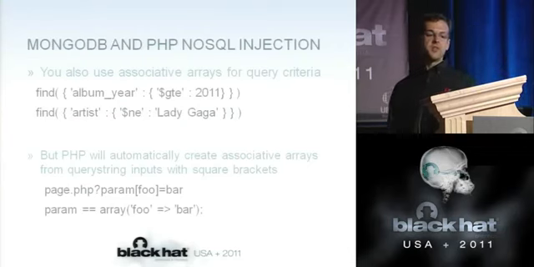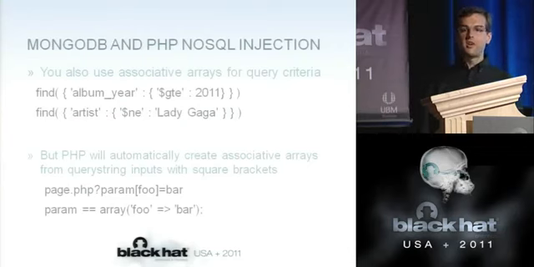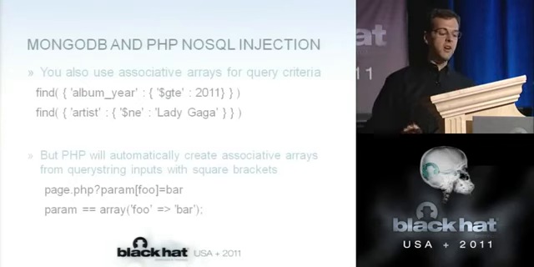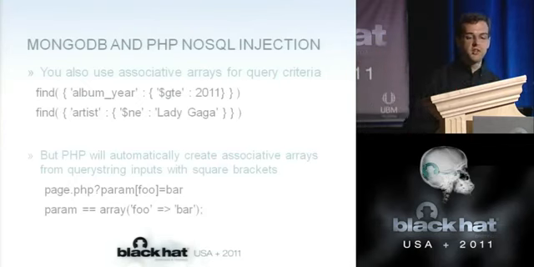You also use associative arrays for query criteria. So instead of just hard-coding, like I want to find artist Amy Winehouse, you can use queries. So I want to find all the albums where the album year is greater than or equal to 2011, so everything that was released this year. Cool. Or find me all the albums where the artist is not equal to Lady Gaga. Also cool. So far, so good. But here's the thing.